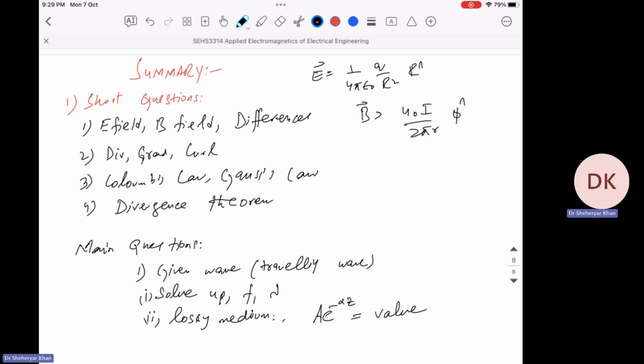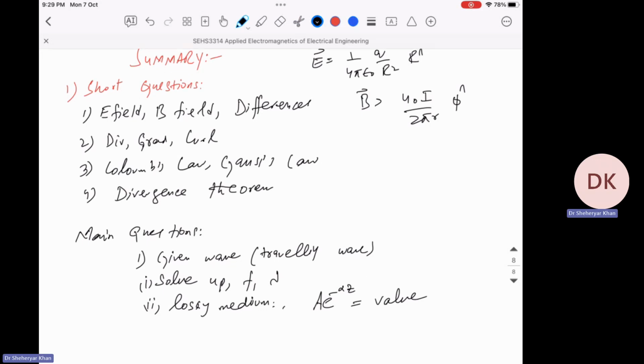Solve for the velocity, frequency, wavelength and direction. So do not forget the documents that I uploaded to Blackboard, the practice problems.